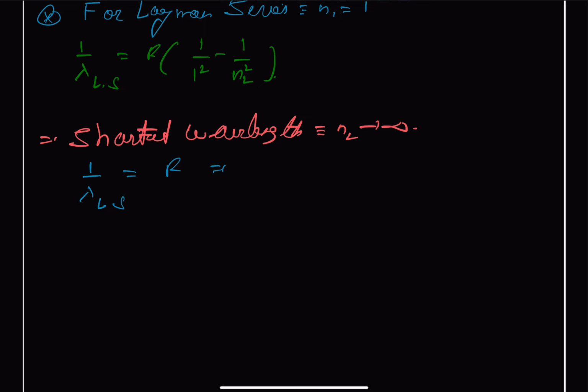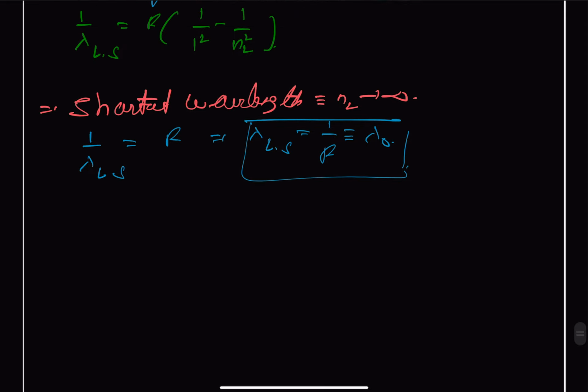From here we can say our lambda shortest is equal to 1 upon R, but this is given as lambda naught, and this is shortest.